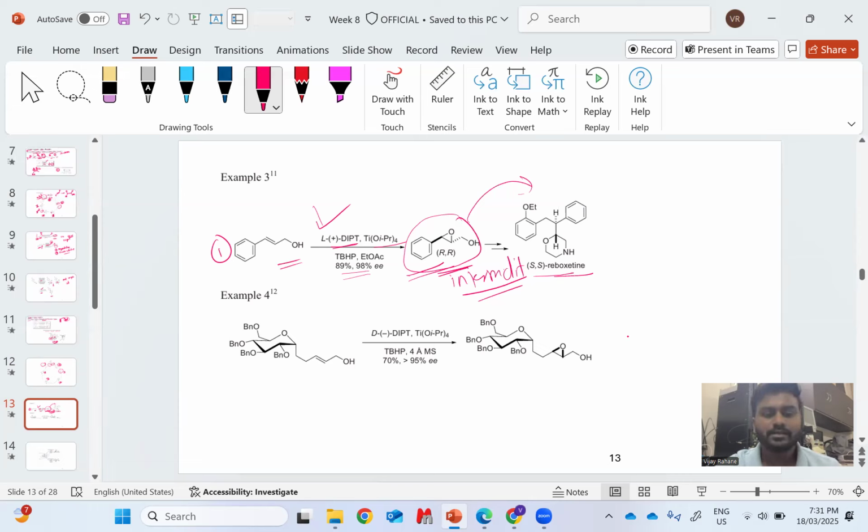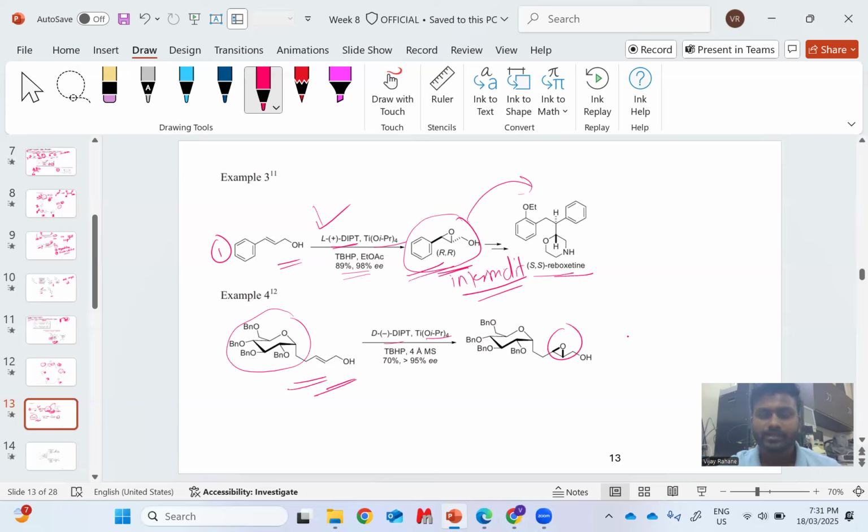Further, another example here, which has the sugar side group, and with the D-(-)-DIPT, the titanium isopropoxide, and the TBHP, it gives the epoxide. You can see here in this fashion.